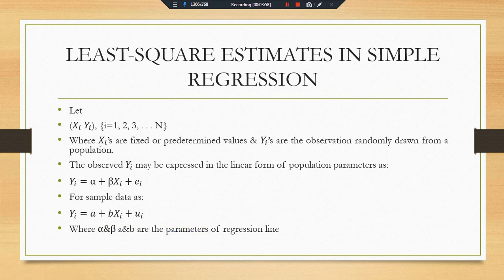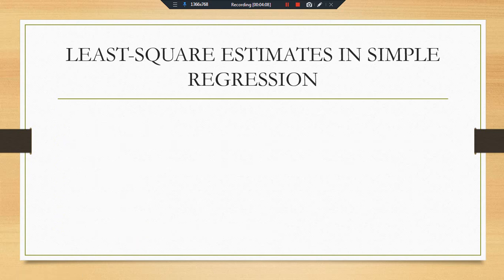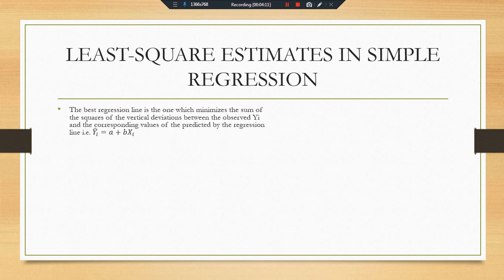We actually have to find such a pair of alpha and beta which have the capacity to minimize our residual sum of square. Okay, the best regression line is the one which minimizes the sum of the squares of the vertical deviation between the observed yi and the corresponding values predicted by the regression line, yi hat is equal to alpha plus beta xi.